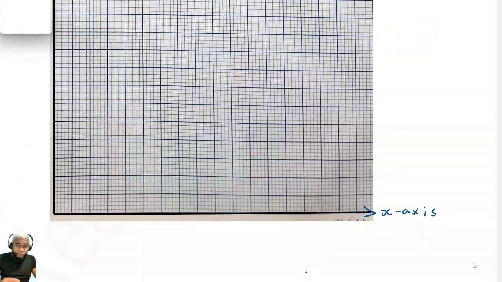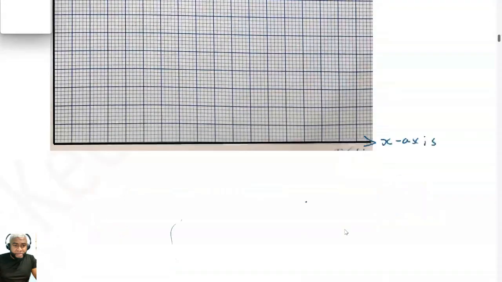Put an arrow on this side, label here x-axis. Then I want you all to label here the origin. I just put a dot so y'all can see clearly. Here would be the origin, which is 0. So put it as 0 for now, because it means 0 on the x-axis, 0 on the y-axis.